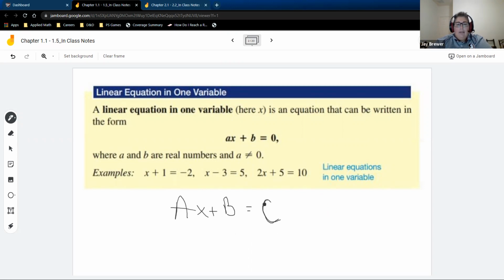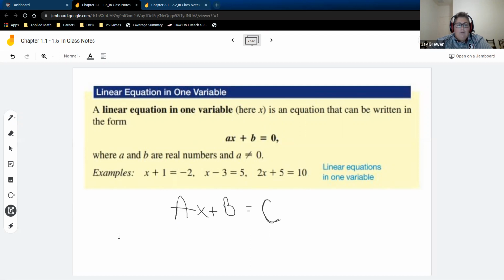But the reason why I prefer to use the C instead of the 0 is I don't want you to think that all linear equations have to be equal to 0. You don't have to have the 0. This C can be anything, which is why I make a note of it.